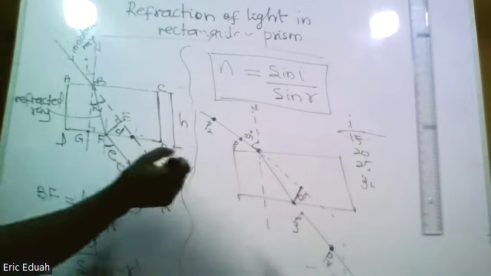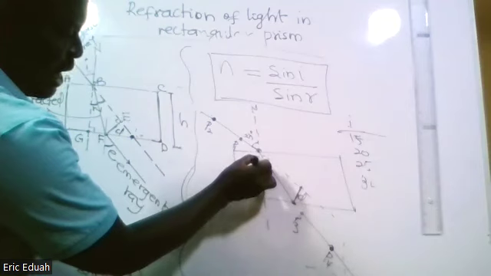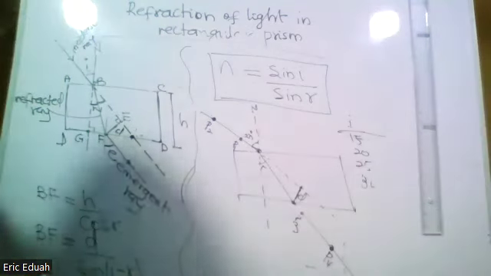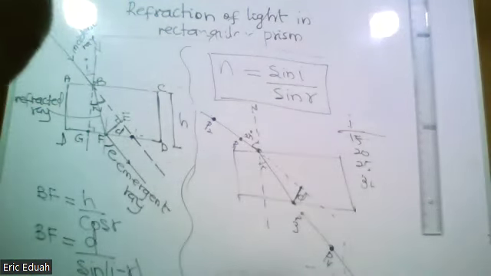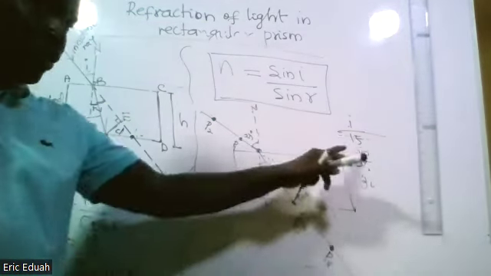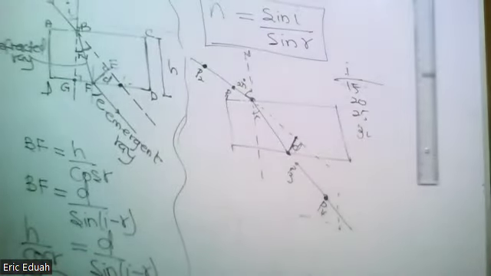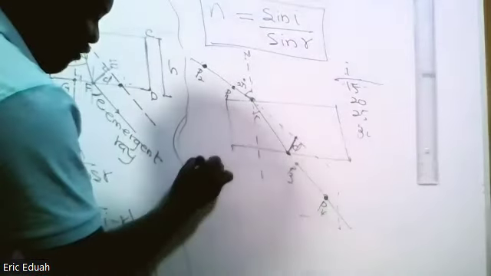Okay. As for every angle of incidence, you determine the angle of refraction because you use information on I and R to determine the refractive index. So the follow-up can be to plot a graph.